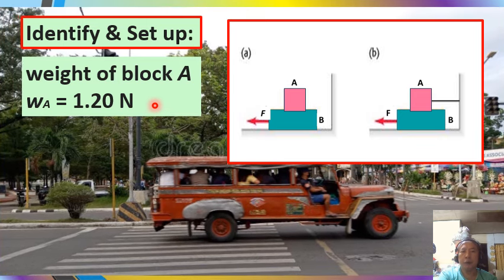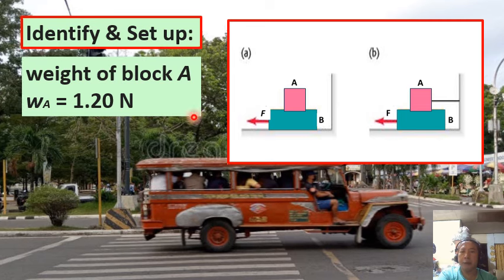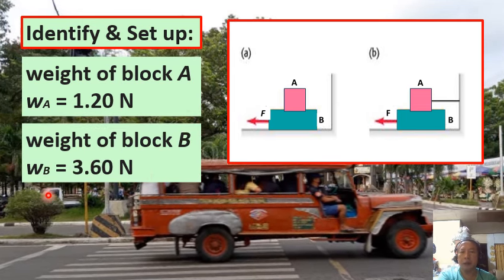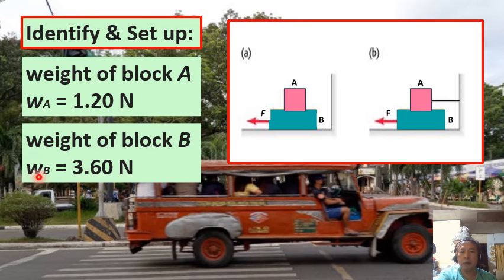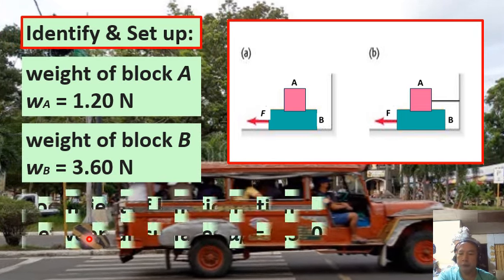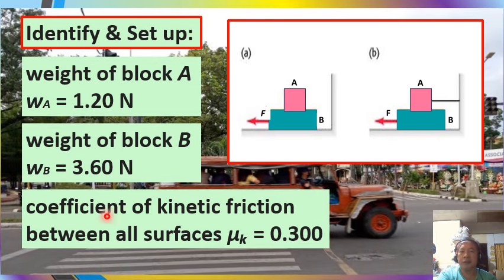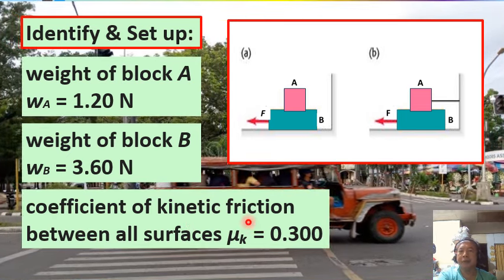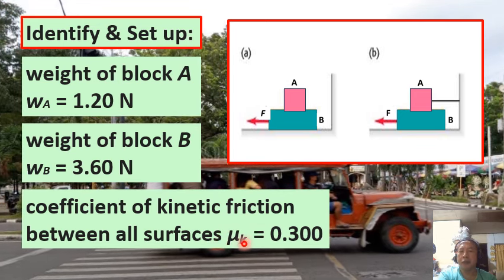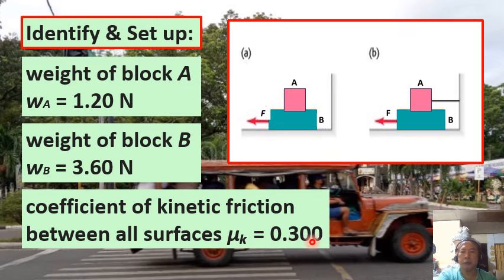So this applies to both situations A and B. Also, the weight of block B, denoted by W sub B, equal to 3.60 newtons. And the coefficient of kinetic friction between all surfaces, denoted by mu sub k, equals 0.300.